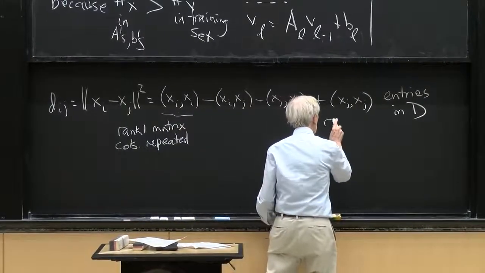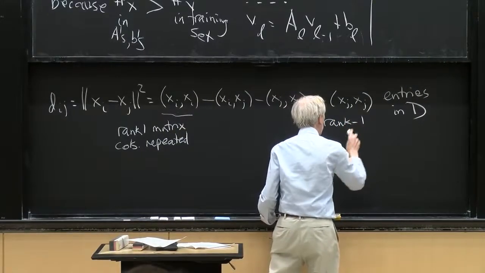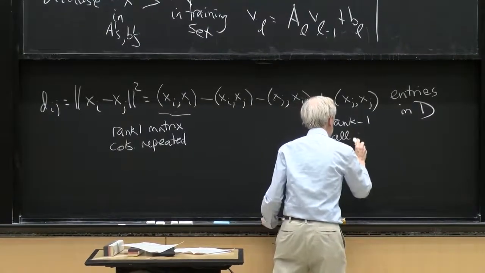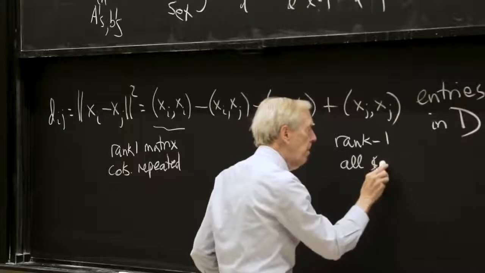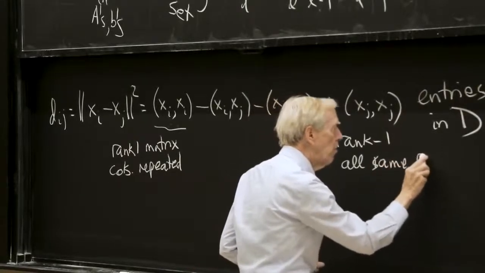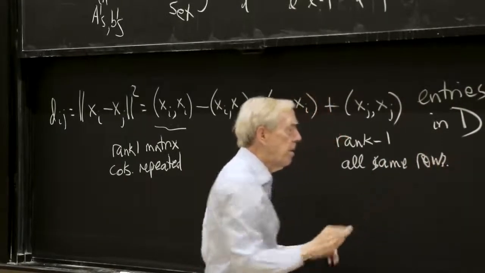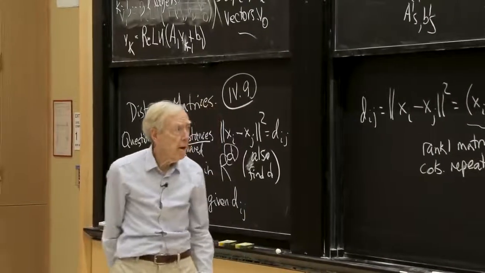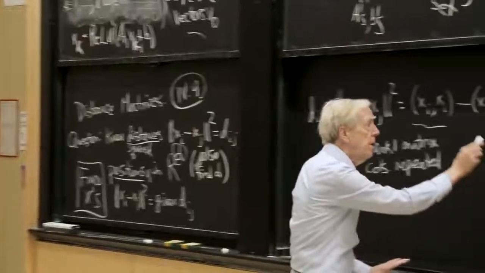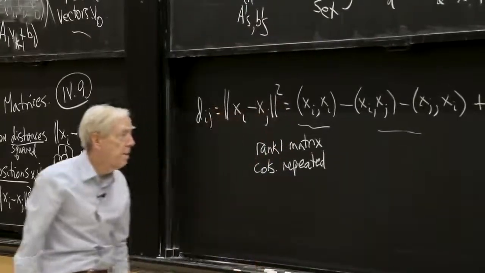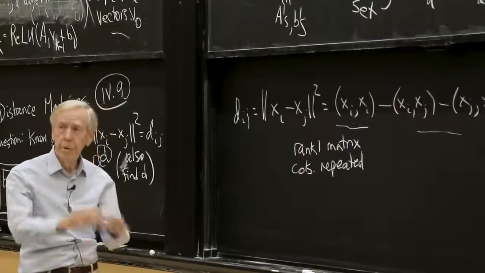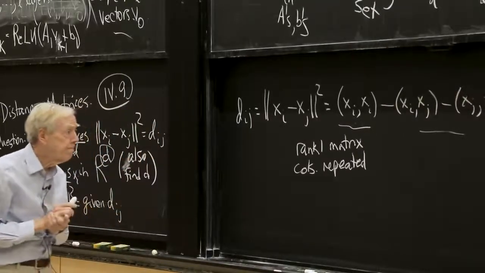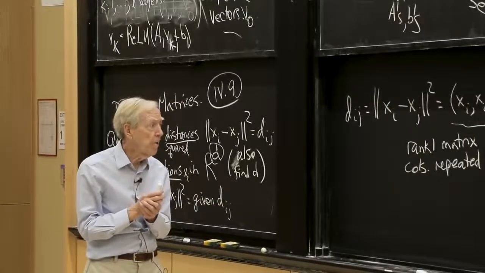So this is also a rank 1 matrix with all the same rows, because if I change i, nothing changes in that inner product. So really, these are the terms that produce the significant part of the matrix.